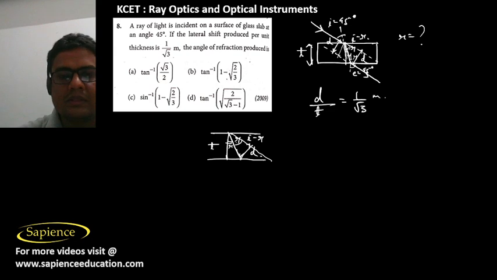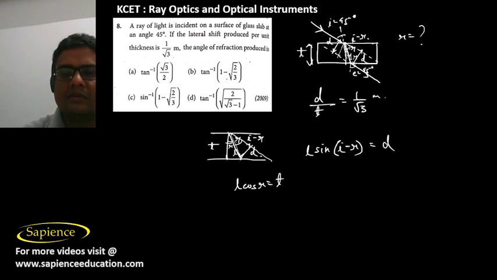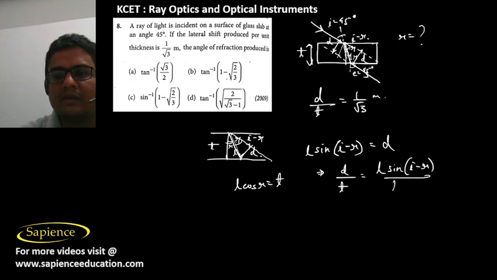So I can say that this length, suppose it is L, so L cos R, that is equal to T, and L sin(I minus R), that is equal to D. So therefore D by T, that will be equal to L sin(I minus R) by L cos R. So L and L will get cancelled.